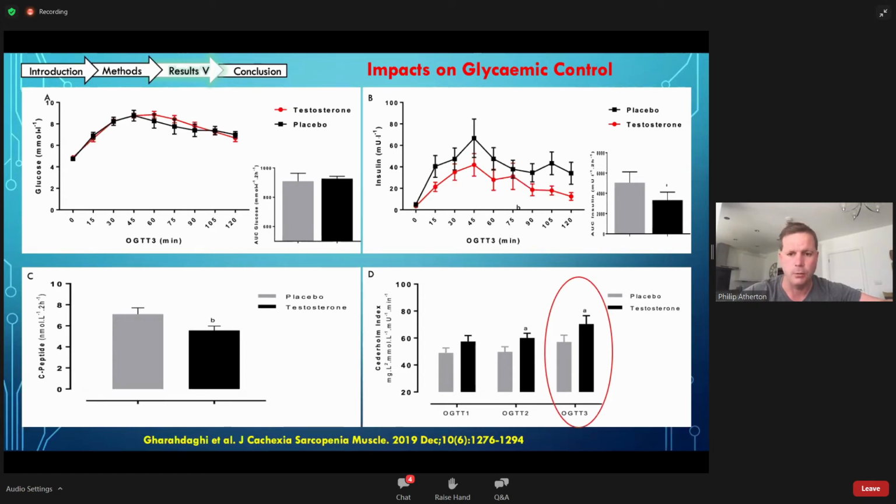You can see here that in the testosterone group it's improved, but it's not so in the placebo group. The OGTT 1, 2, 3, I should have been more clear: OGTT 1 is baseline, 2 is after 1 week of just provision of the treatment, and 3 is after 6 weeks. So you can see that really quickly it seems to have an effect upon these parameters.